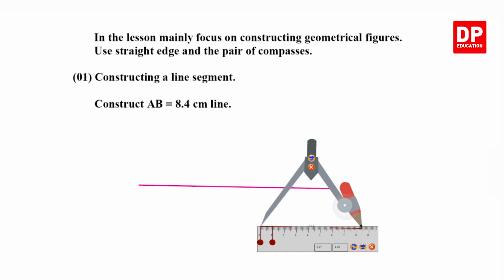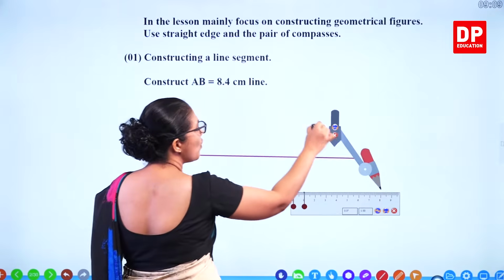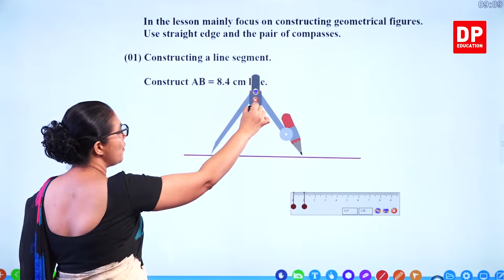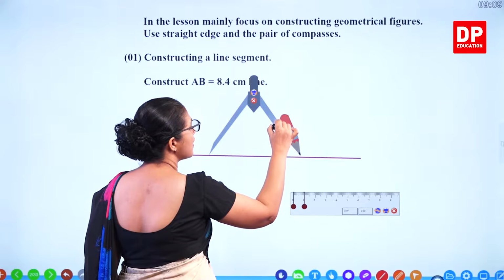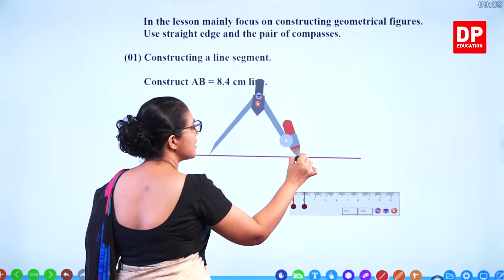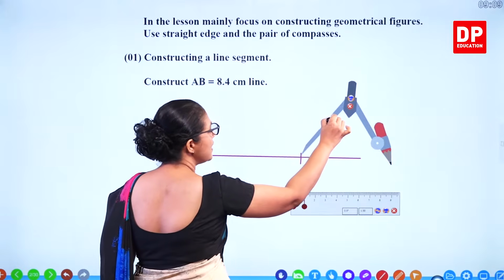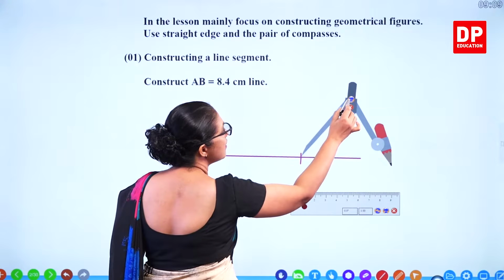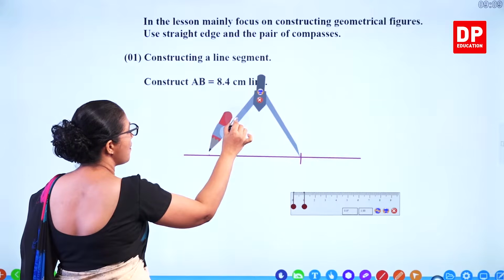Need to take it correctly. So here to here, and then what you do, you keep on the line and just mark the first arc here. So mark it here. Then take the compass there to that point and you can draw the other arc.